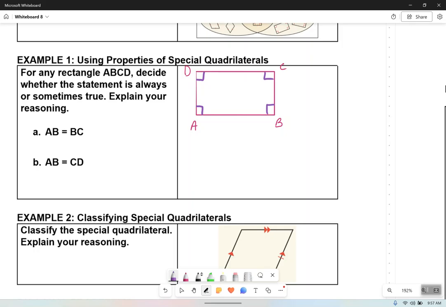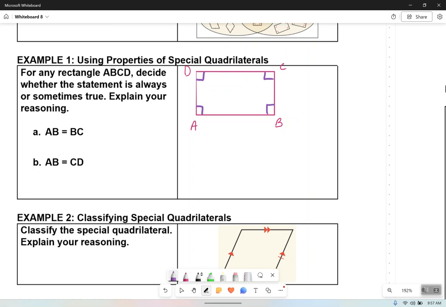Now, the way I drew it, does it appear that AB is equal to BC? No. But is there any condition where I might have a certain type of rectangle where that side AB could equal BC? If the rectangle was a what? Then AB would equal BC. So is this going to be always true, sometimes true, or never true? What would you say?